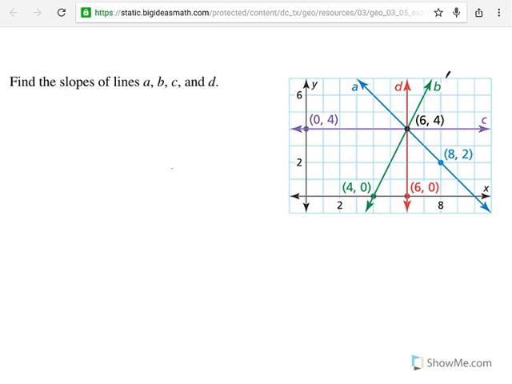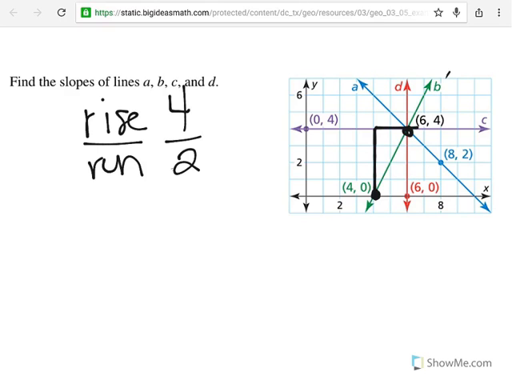So I'm going to take the point 4, 0 and 6, 4, and I'm going to go up 4 over 2. So my rise was 4, my run was 2. 4 divided by 2 is 2. So my slope is 2. And that's for B. Alright, so let's take a look at C.